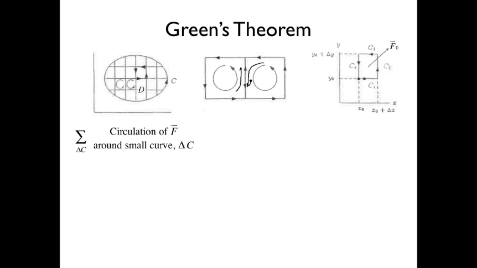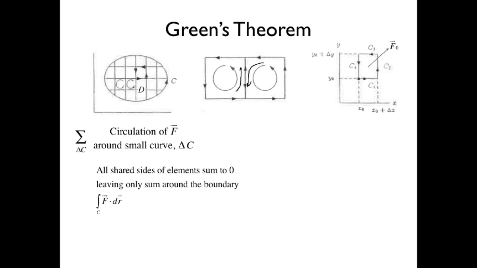As we calculate every single circulation integral, line integral around those, every shared side is going to cancel out, leaving what? So what doesn't get canceled out? What's left? All the ones on the boundary aren't a shared side, right? So all the ones inside are shared, but all the little sides along here are not shared, and those are left. So all the shared sides of elements sum to 0, leaving only the sum around the boundary. So that's our circulation integral side of Green's theorem.